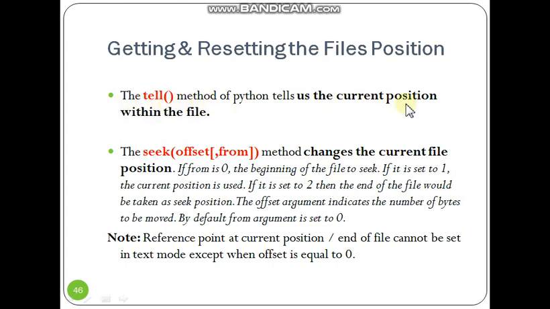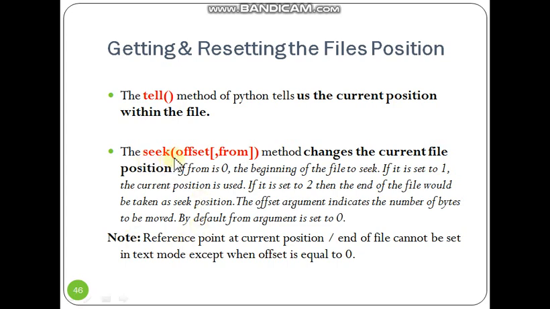This gives the current position within the file, where the file pointer is. If you are writing to the file, it shows where the writing takes place, or if you are reading a file, from where it reads the content.